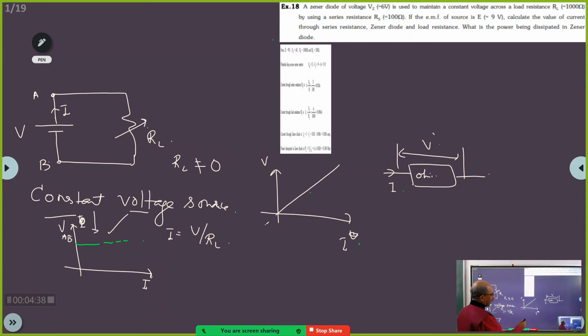We are not doing this. We are measuring the voltage across a voltage source versus the current it is feeding. So this is voltage source versus the current. Clear? I hope you understood, Abhinav.